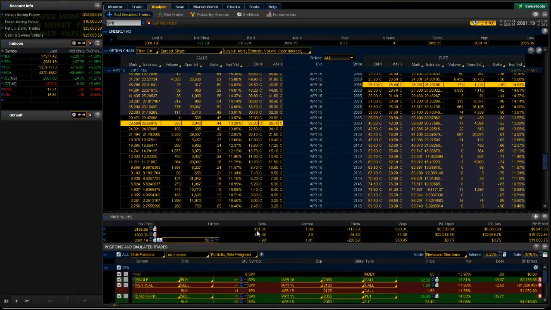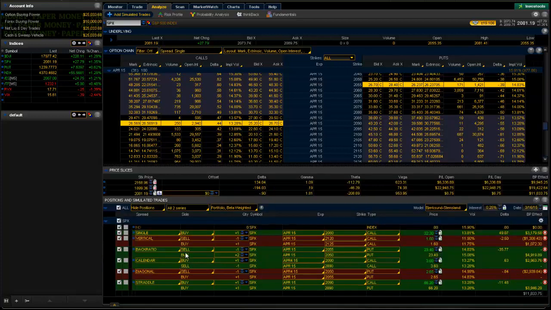I'll use the analogy of a pilot. You're flying a plane. You need to know wind speed, altitude. I'm not a pilot, so I'm not even going to pretend I know the terms, but I think you get the point. These are your instrument gauges, your indicators, to tell you what your positions are doing without breaking apart every single one.